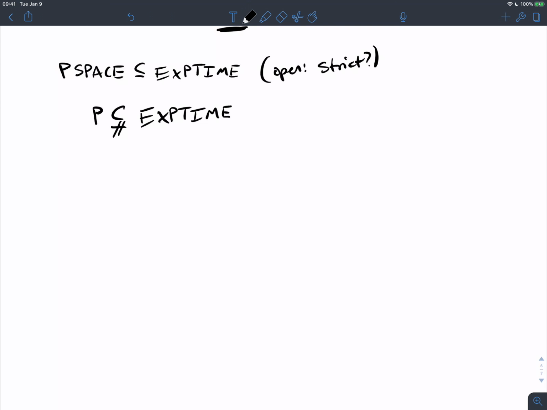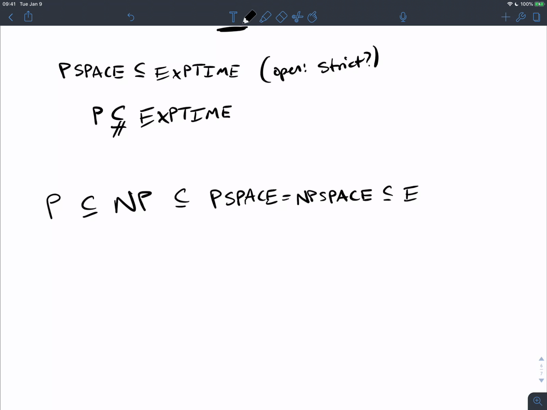But let's assemble the four classes we've been talking about. We saw P was a subset of NP, non-deterministic polynomial time. Then PSPACE, which we saw was equal to NPSPACE, which we just argued was a subset of EXPTIME.